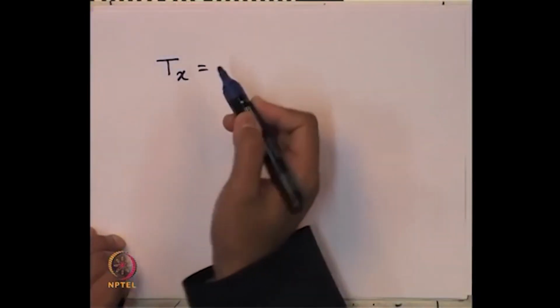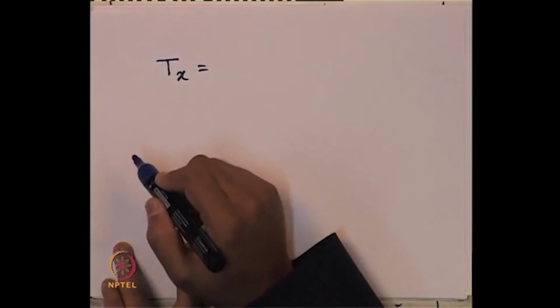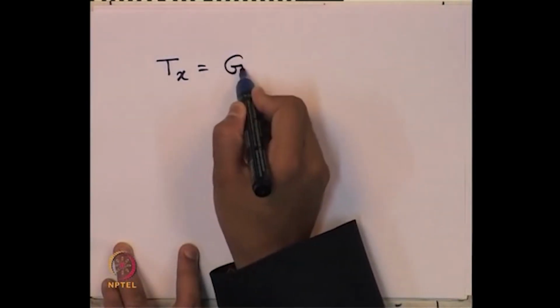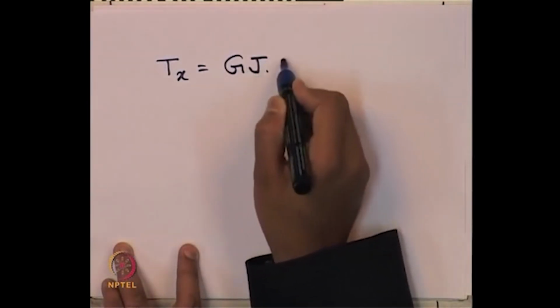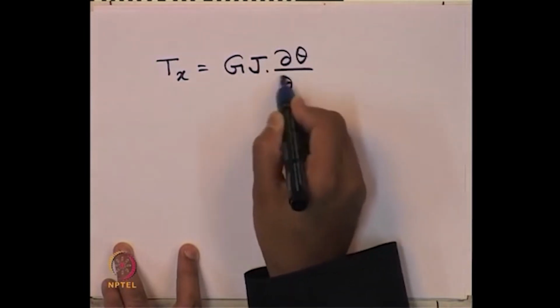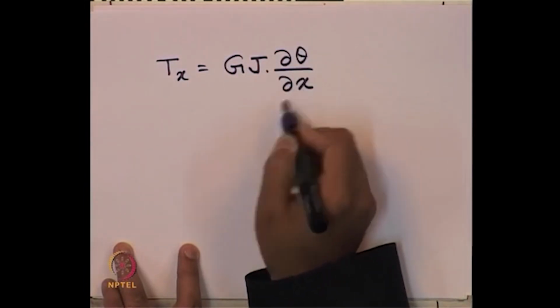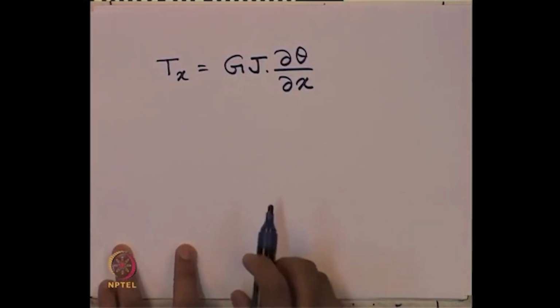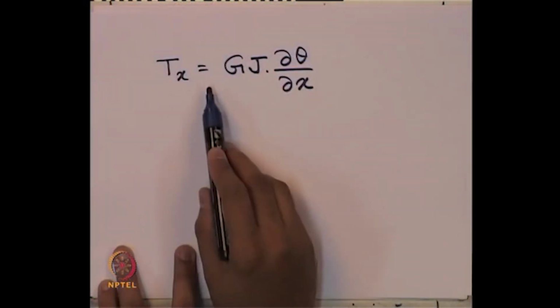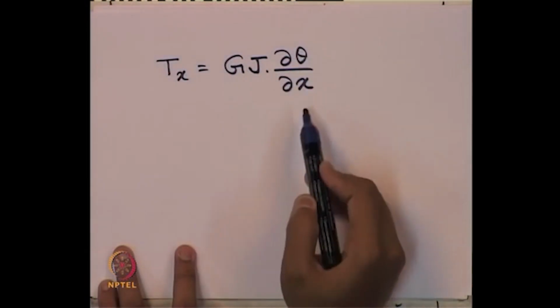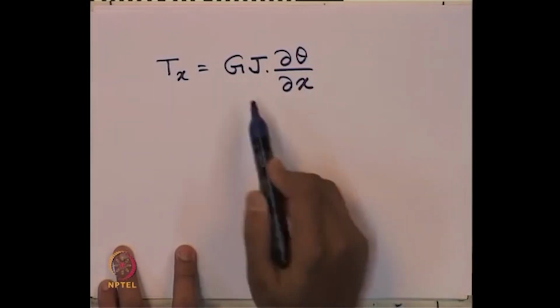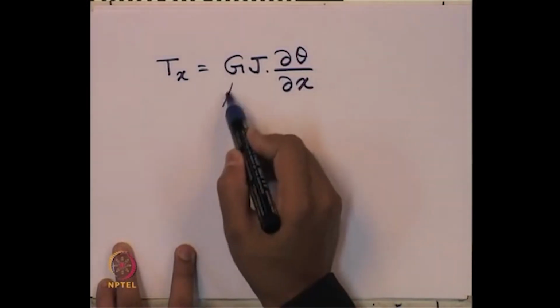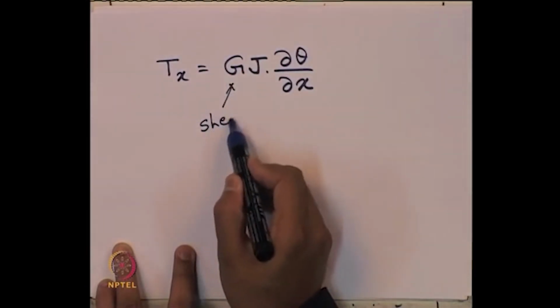Through this torque rotation relationship, let us see how we can simplify further. In this case, the torque Tx can always be expressed by this, a commonly known form of the torque versus rotation relationship. Tx equals GJ times del theta del x. What is G? G is called the shear modulus.